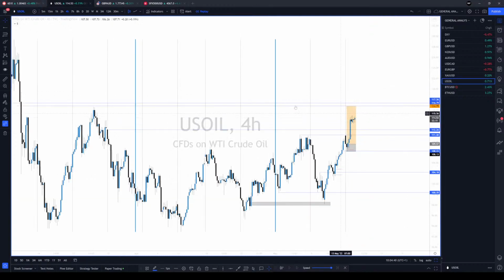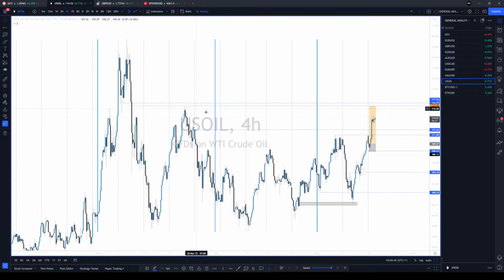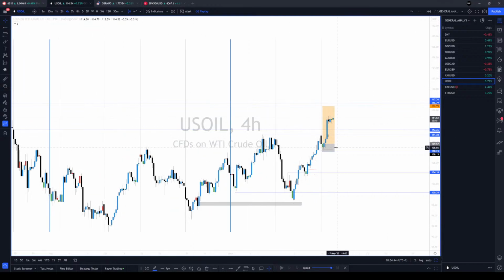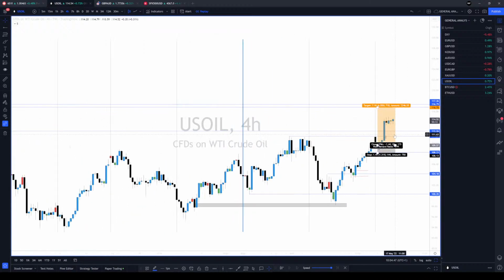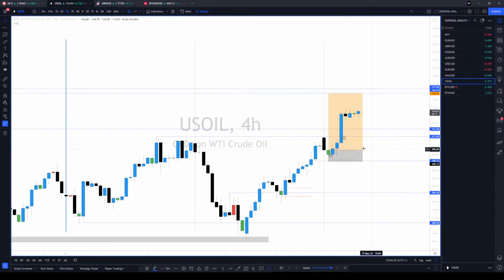Oil, I am looking for a run above this high. Yesterday I got a really nice entry on that. I happened to close out just above this high, and then I left all of that on the table for some weird reason.